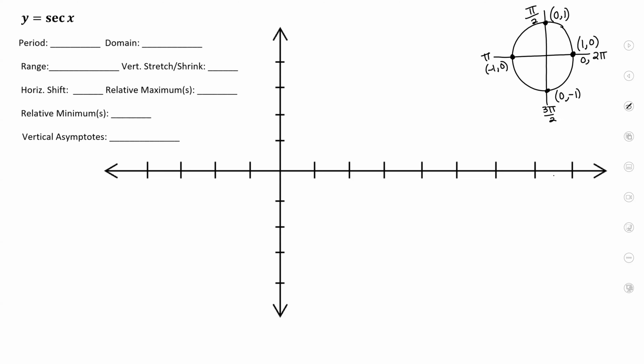Okay, next. In order to graph secant, you guys should be thinking about cosine. So if I graph cosine, I always graph it within 2 pi. So I'm going to put 2 pi here and split it into equal parts.